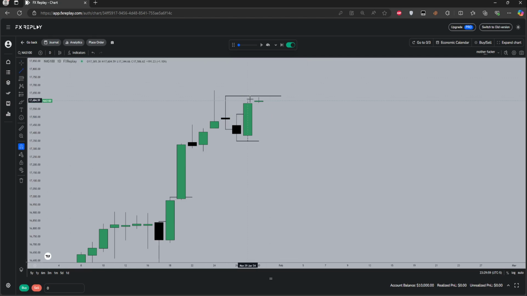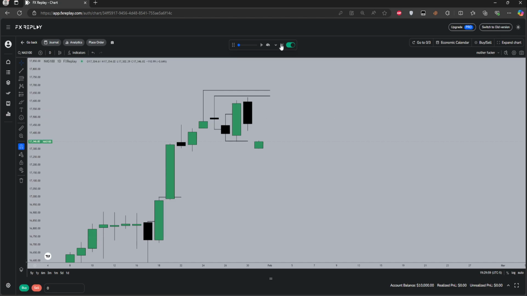So our drawn liquidity is up here around this level. Can we reach for that? Nope, we don't. Instead, we sweep this high, which is the correct drawn liquidity. If I remove these, we can see Monday gave us a body close on Friday's highs. Therefore, Monday's highs are targeted by Tuesday, which then runs lower.